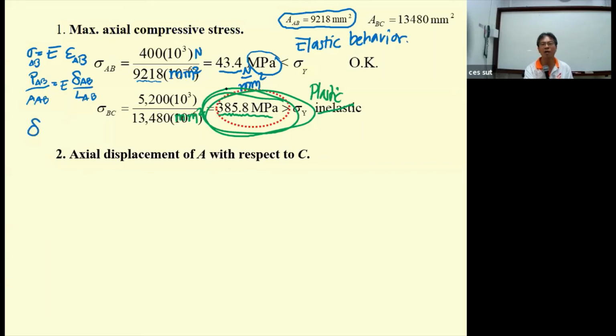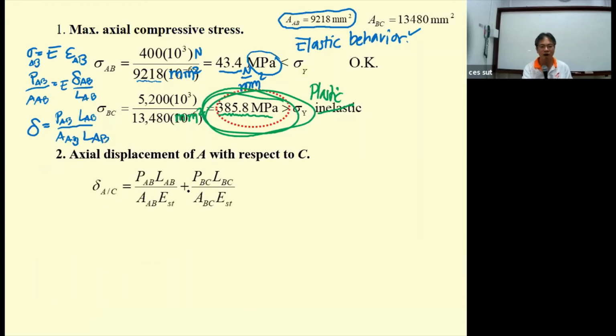The deformation for the elastic behavior can be rewritten as P sub AB L sub AB divided by A sub AB and E. We have this for the top portion of the column. However, since the bottom is in plastic behavior, we cannot use this one.